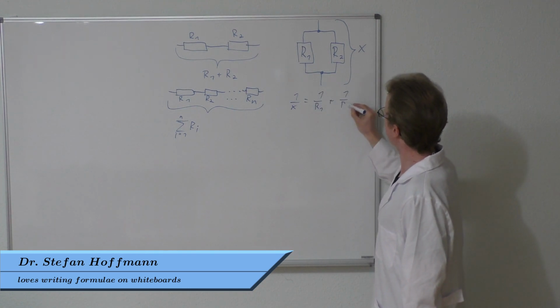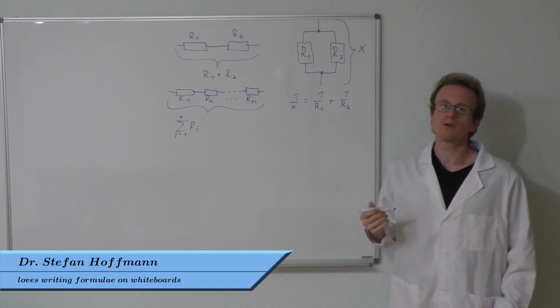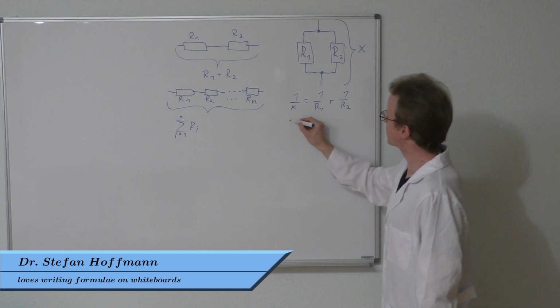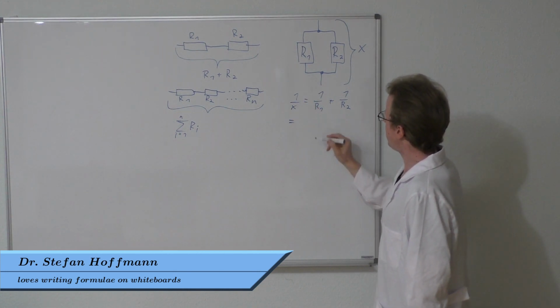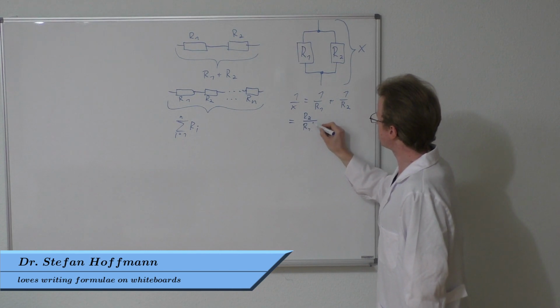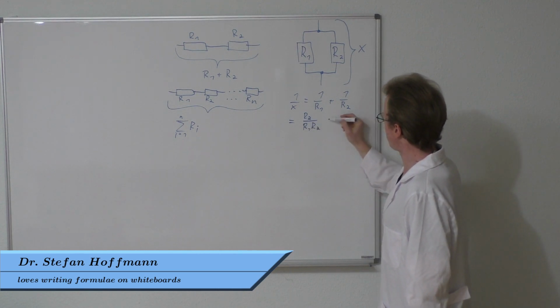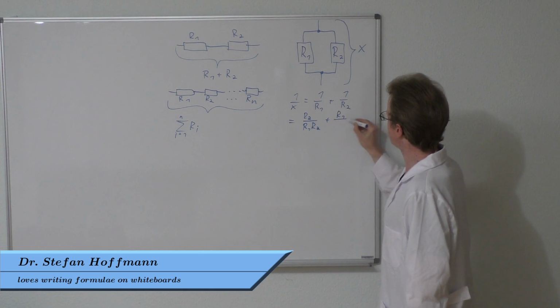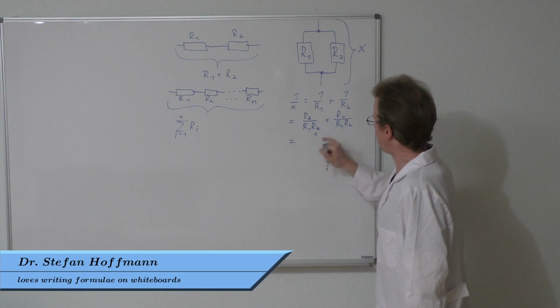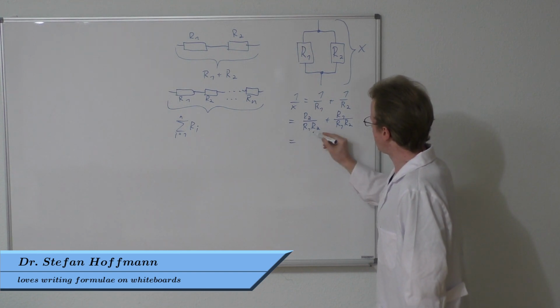So if we want to solve that for X, then we bring those fractions on the same denominator, meaning that 1 divided by X is R2 divided by R1 times R2 plus R1 divided by R1 times R2. So this is, whoops, that was wrong.